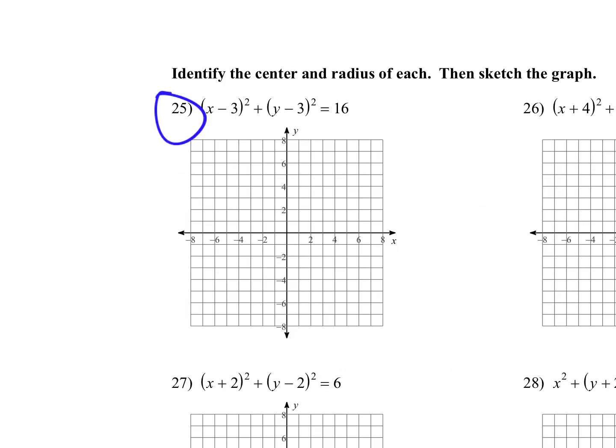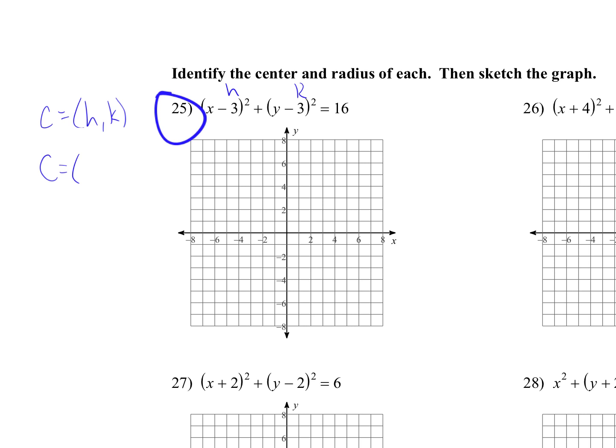25 says identify the center and radius of each, then sketch the graph. So remember, the center and radius, the center points are H, K. On your formula, the H and the K are right there. So when you do the center, remember you flip the sign because the original formula is negative.